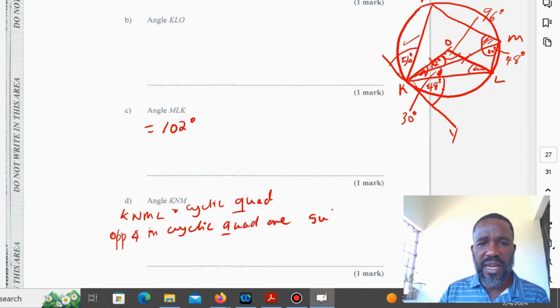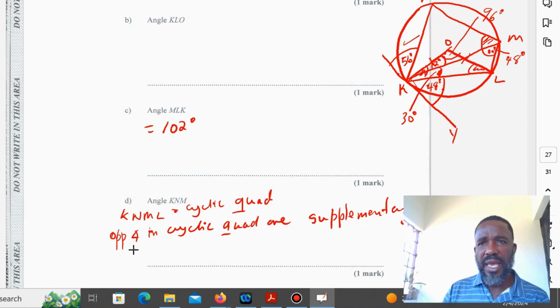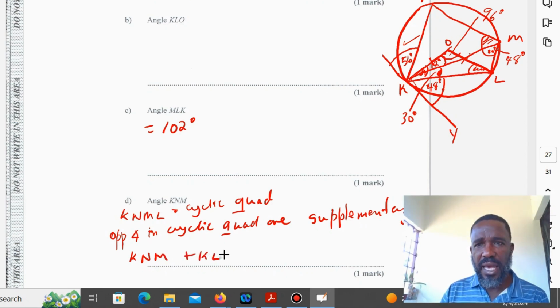So if they are supplementary, what that means is that they must add up to give you 180 degrees. So therefore, KNM plus KLM must equal to 180 degrees.